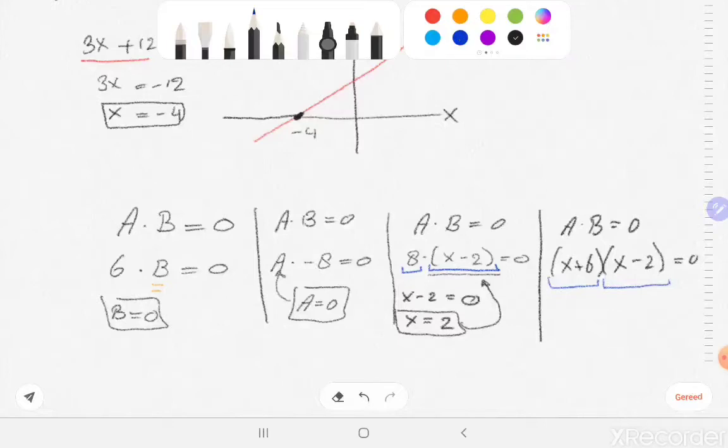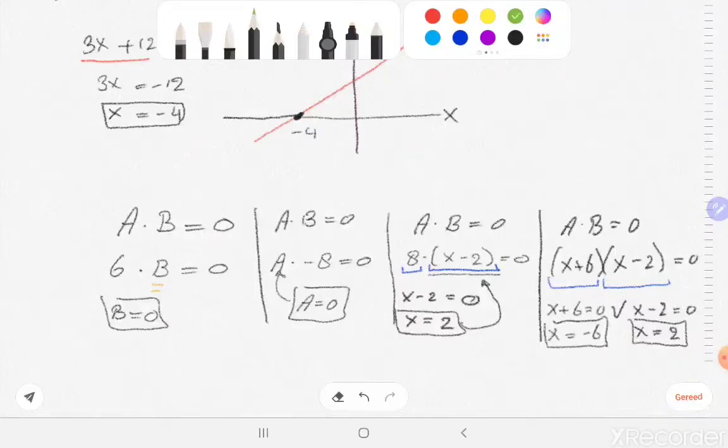So we have two solutions here. We need to make x plus 6 equal to 0, so x is minus 6. Or we need to make x minus 2 equal to 0, so x is 2. So right here we have two solutions: x is minus 6 and x is 2.